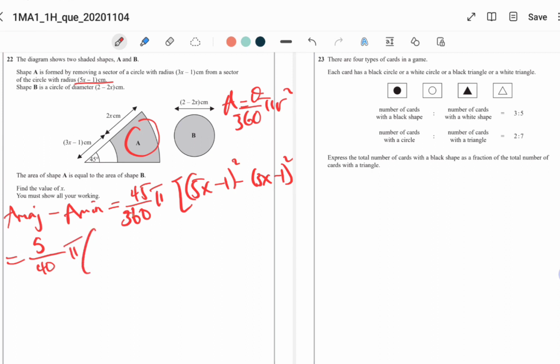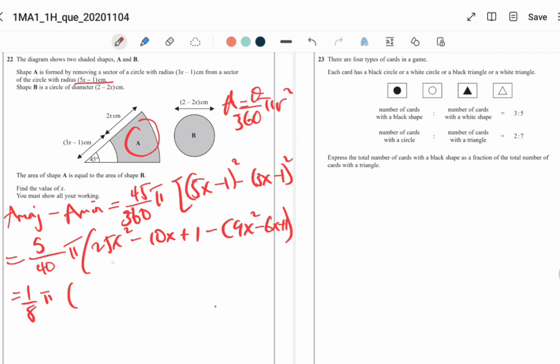Bracket, I'm just going to expand the bracket at once, so that's going to be 25x squared minus 10x plus 1 minus 9x squared minus 6x plus 1. Okay, this can be simplified again to 1/8 pi.